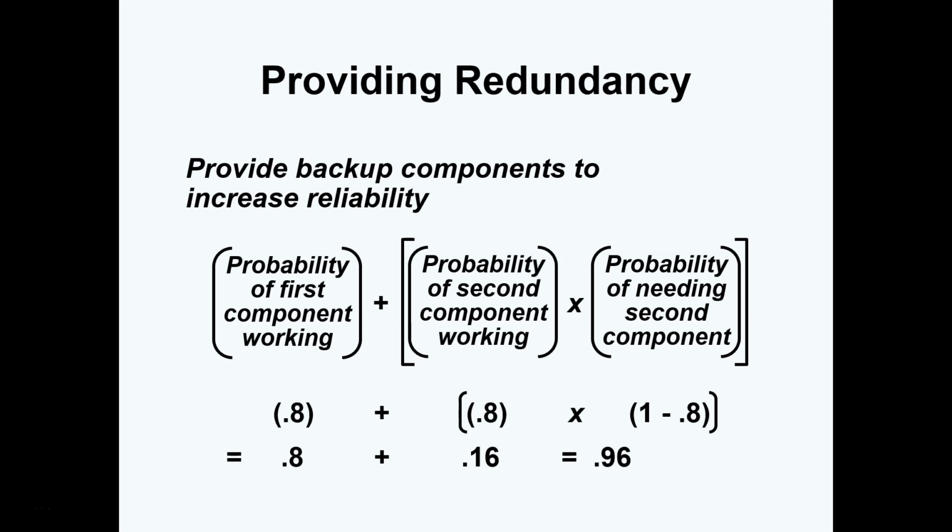So the actual one was 80%. Adding 16% increased the reliability to 96%. And that's again because of the redundancy that we provided, the standby part that we provided. So as soon as one fails, the other one will take over and will continue functioning as needed.